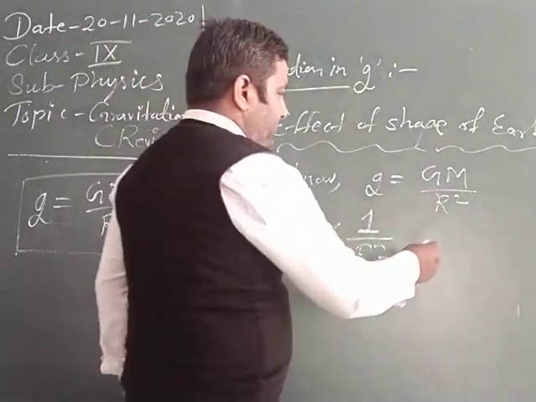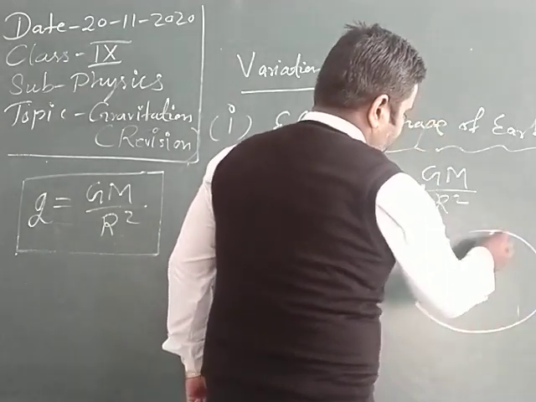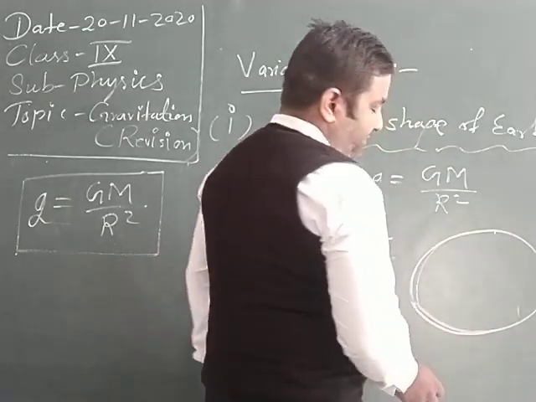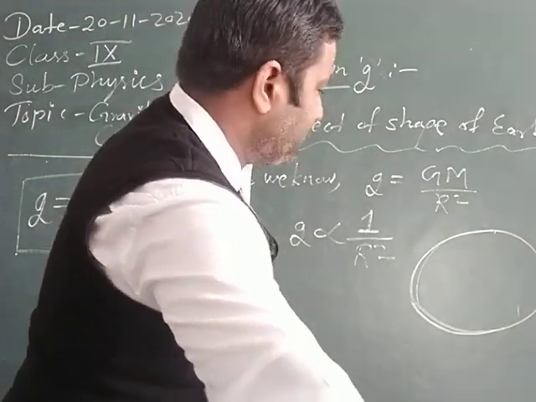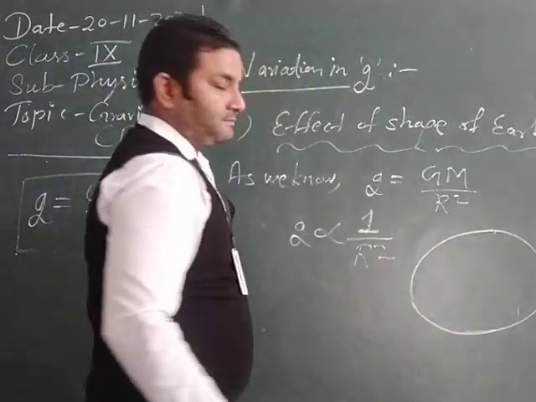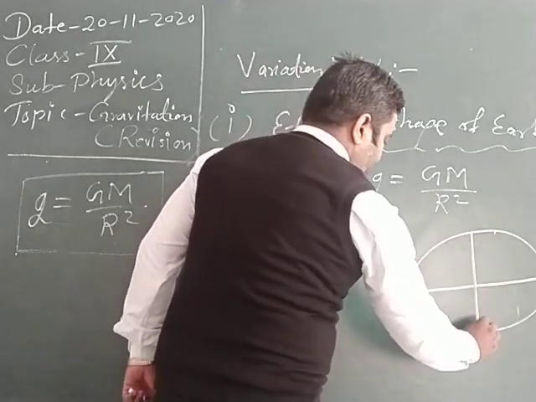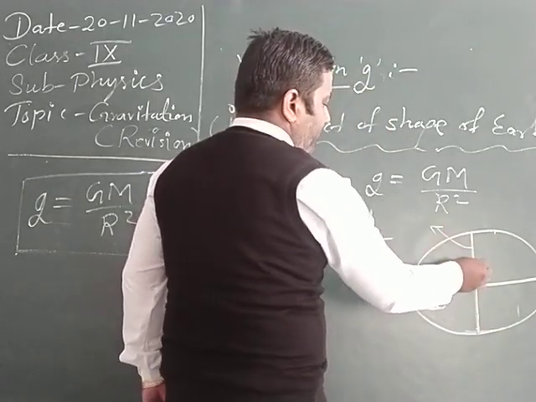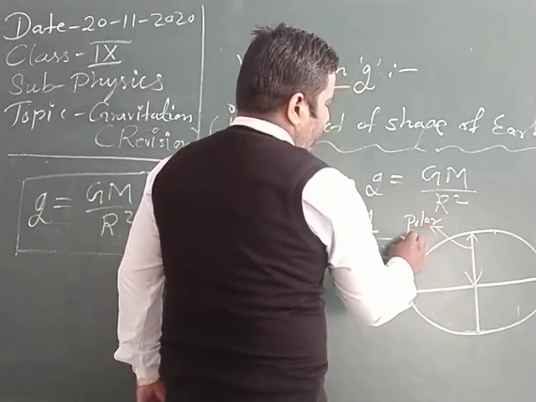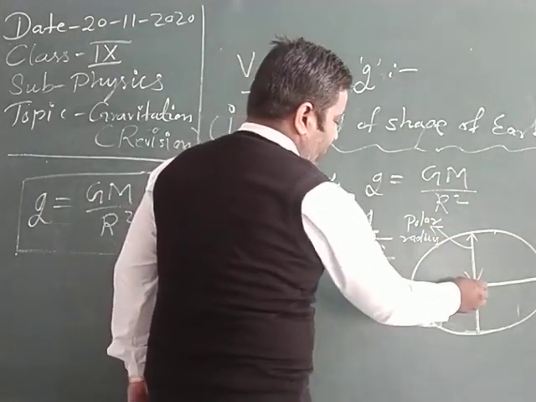The shape of Earth is oval, just like an orange. The radius around the equator is the equatorial radius, and this is the polar radius.